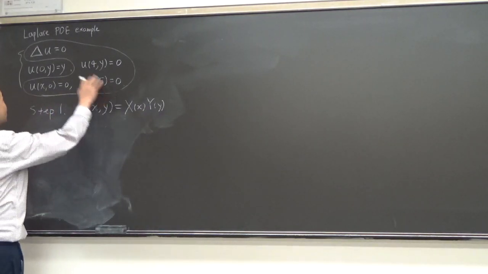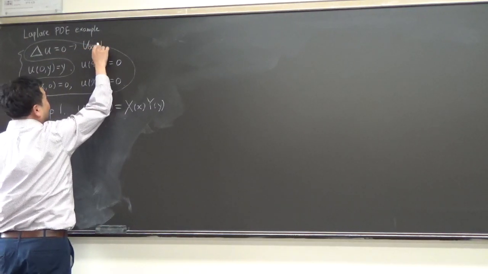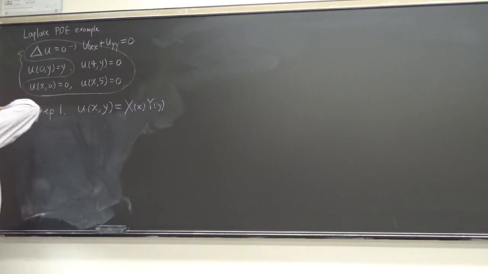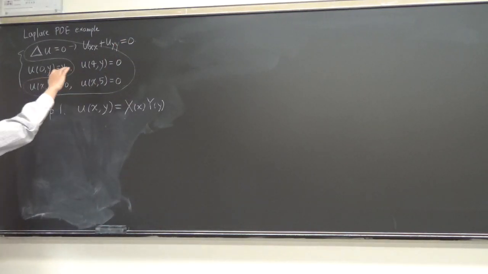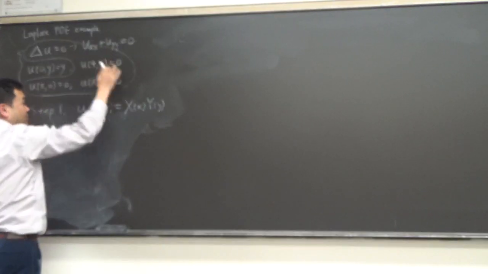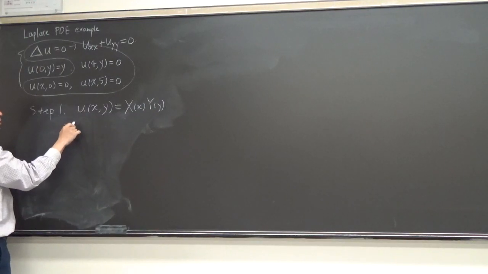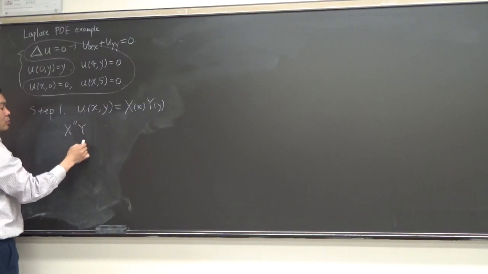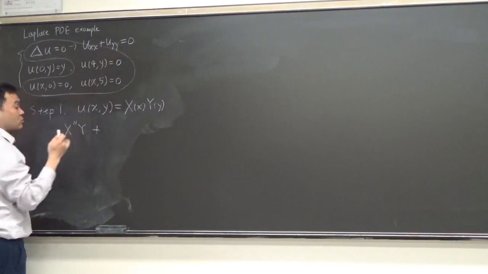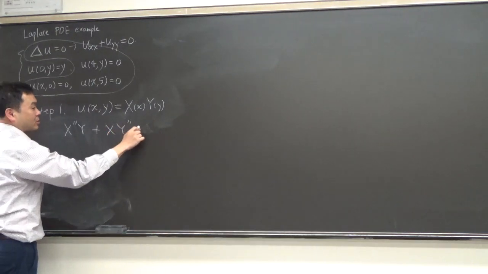Let's plug this into here. Remember, this is u xx plus u yy. That's what the Laplace means. So if you differentiate this one twice with respect to x, you get X double prime Y. Then plus, if you take this and differentiate twice with respect to y, you get X Y double prime equal to 0.